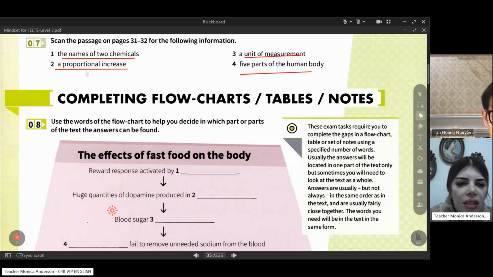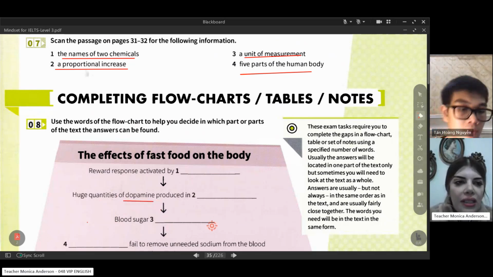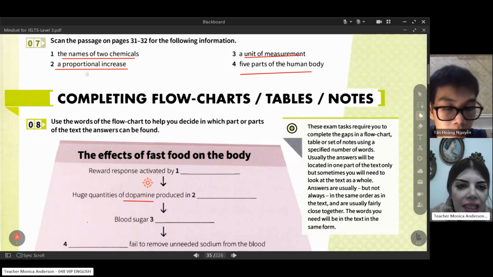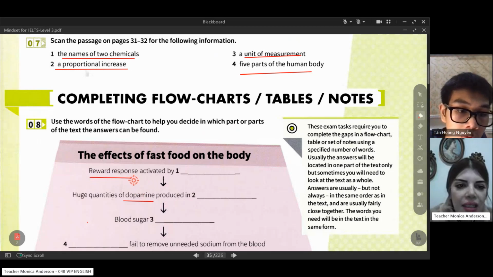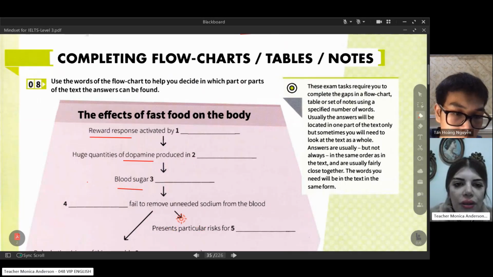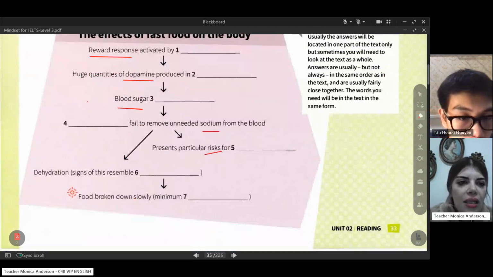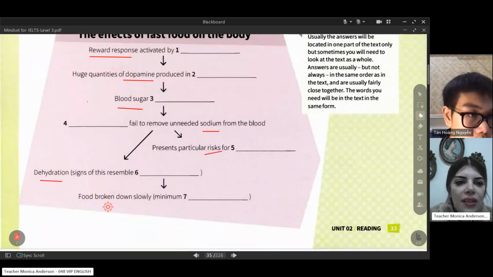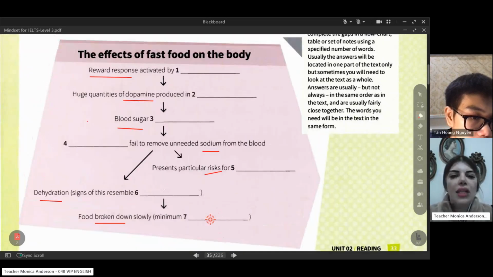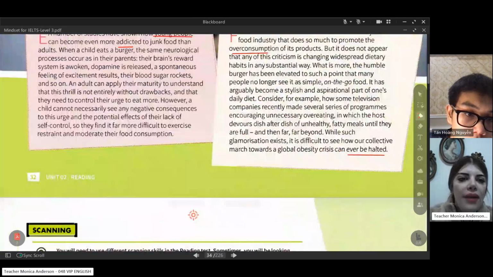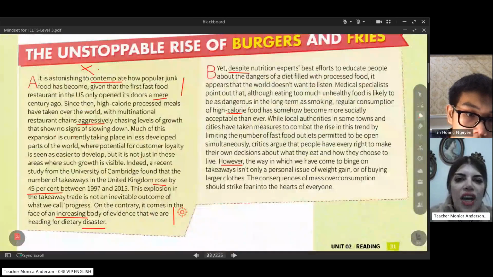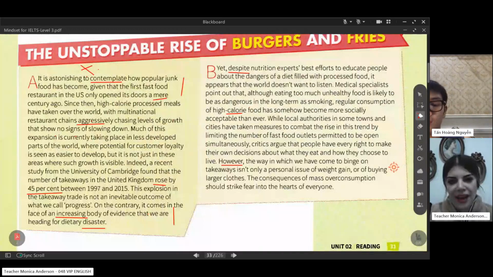So we need to underline the keywords: blood sugar, sodium, risk, dehydration, broken down slowly. Okay, so let's scroll up and find them from the beginning. Check and tell me which paragraphs can include the answers.